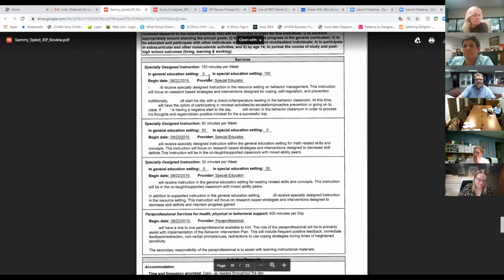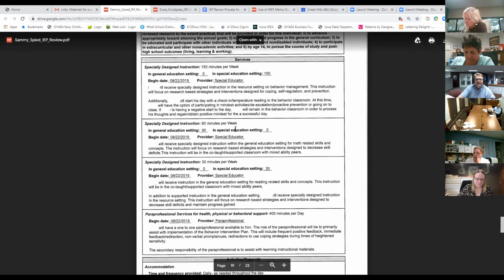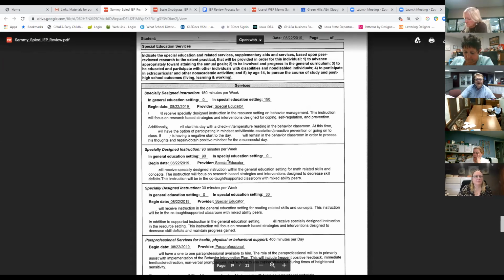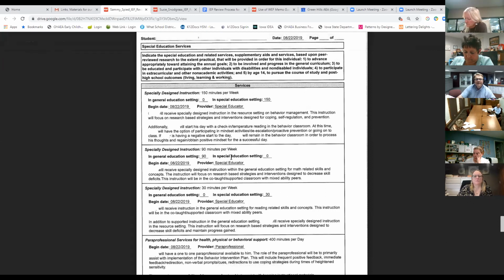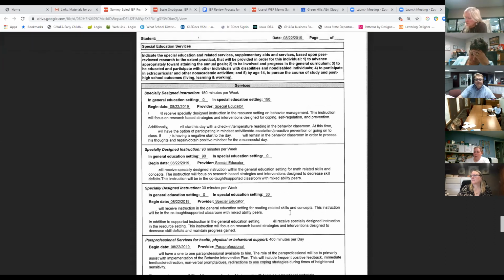So we can look here on page F. We've got the first chunk here, which is behavior, 150 minutes per week, and that is in a special ed setting. We also have 90 minutes for math, and that is in a general ed setting. Okay, and then we have 30 minutes in a special ed setting for reading.